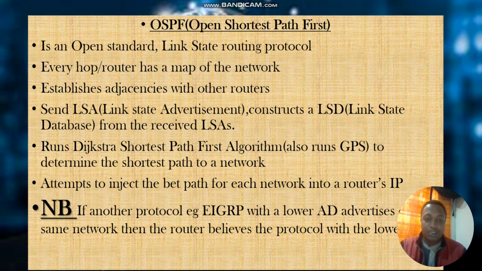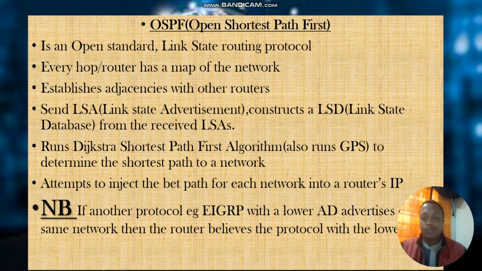Now you have to note that when you're using OSPF or any other protocol for that matter, if another protocol is used in the same network, then the routing protocol with the lower administrative distance is going to be used, since it's going to be most believable.